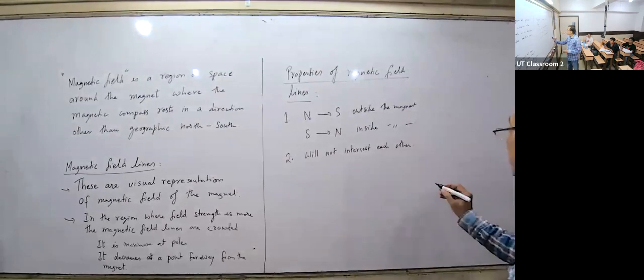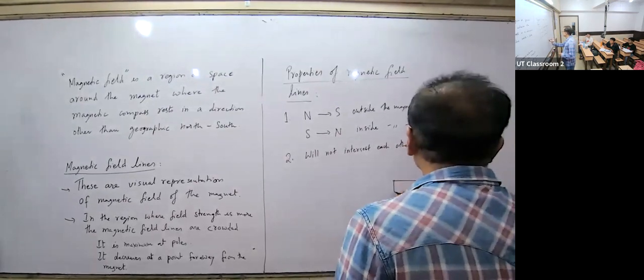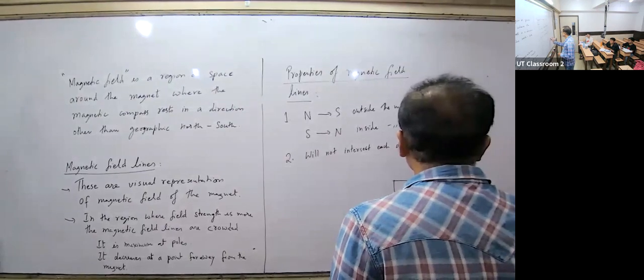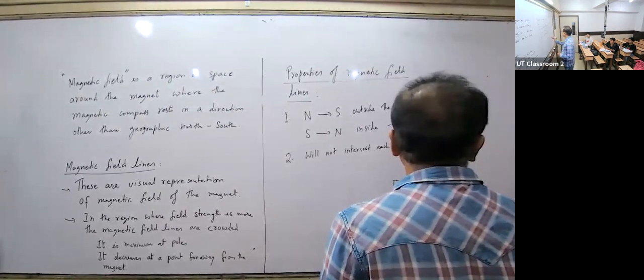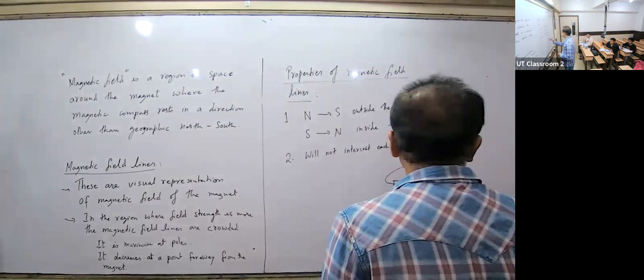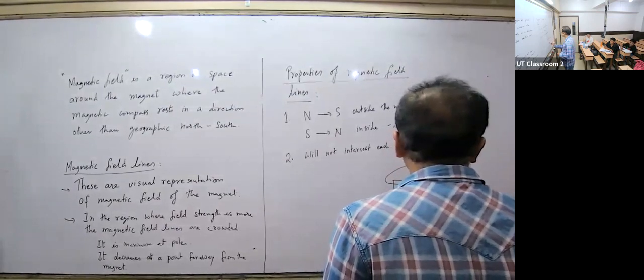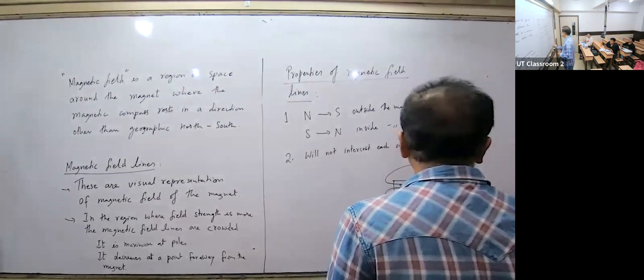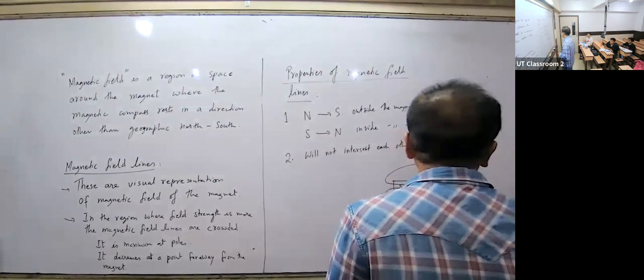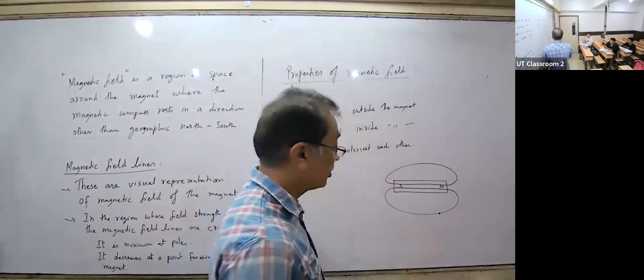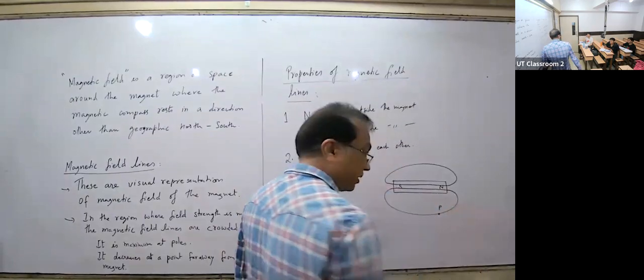So when this is the magnet, I'm saying the field line is like this. Okay, I'm asking you, what is the direction of the field at this point? Tell me.